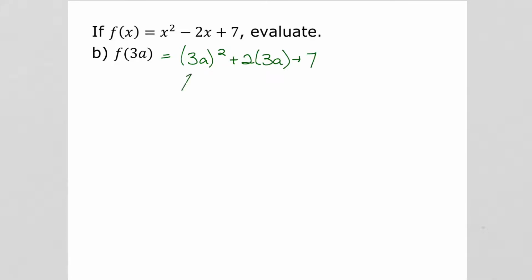Again, we are squaring all of 3a, so make sure you put that in parentheses. 3a squared is 3a times 3a, which is 9a squared. 2 times 3a is 6a plus 7, and that's as far as we can go with that. It's okay that we didn't end up with a number. That's your solution.